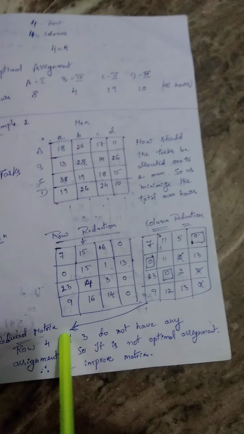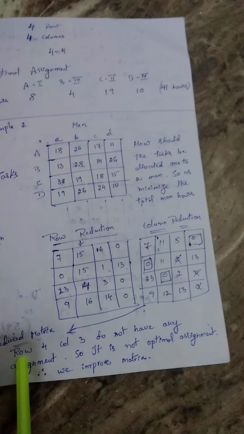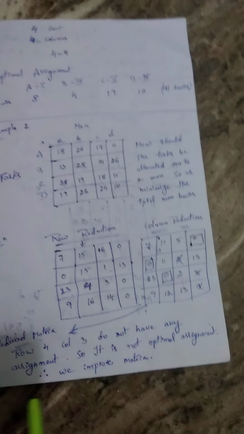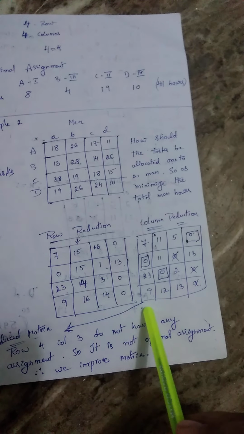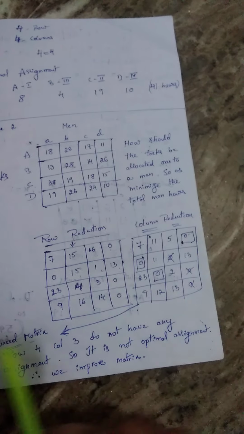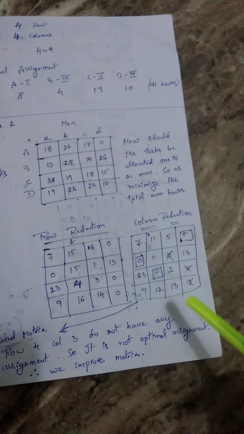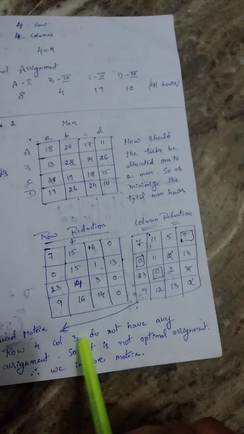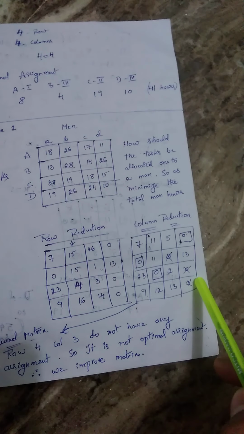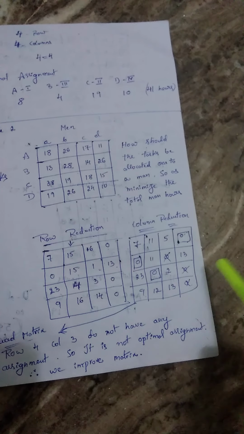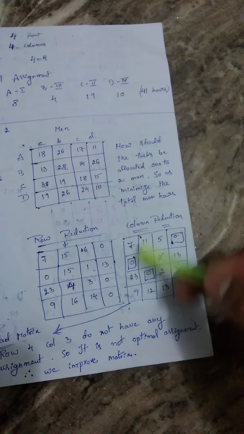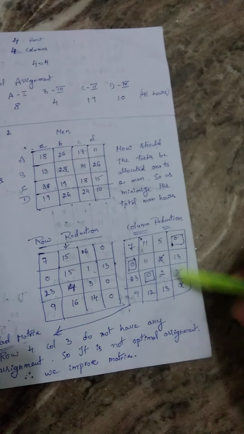Coming to the reduction matrix, how many rows are there? 4 rows: 1, 2, 3, 4. How many columns are there? After reduction, in the matrix we are getting assignments for only 3 columns: 1, 2, and 3.